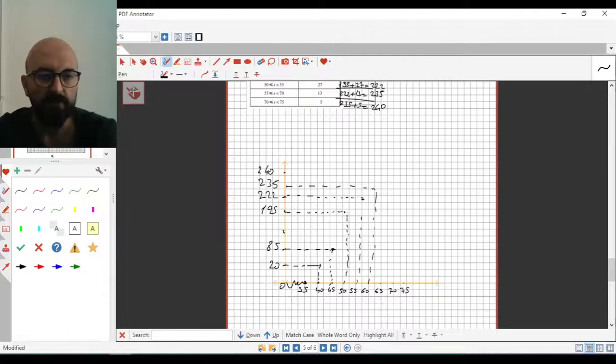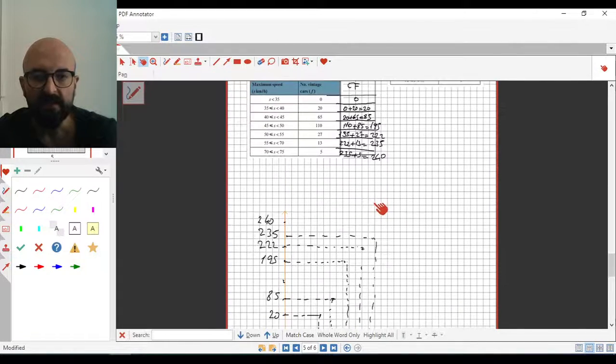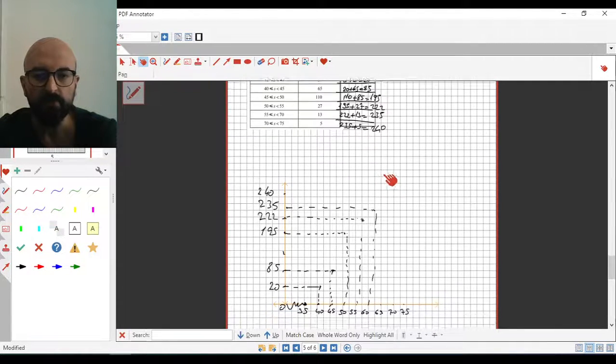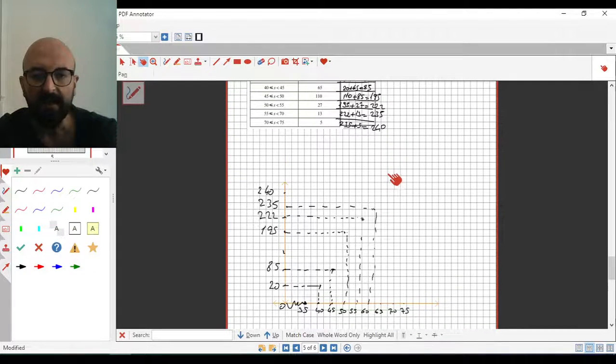Maybe I want to check it again: 20, 85, 195, 222. Yes, okay. And we should plot this point, and our cumulative frequency polygon is like this.